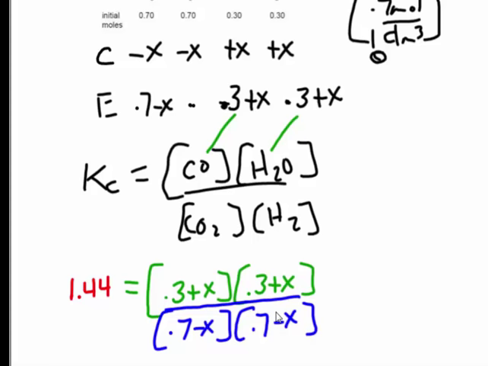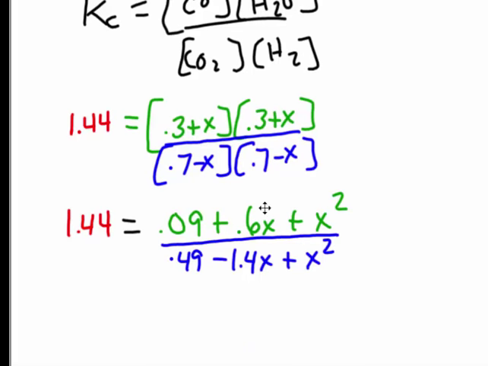And now it becomes an algebra problem that we're going to have to use. I'm going to multiply these two numbers out and try to solve and see what the actual value of x is. What is my number of moles or my concentration for each individual item? After multiplying these out and FOILing, we get 0.09 plus 0.6x plus x squared for our top, the green function there.